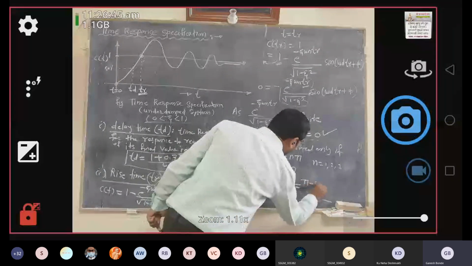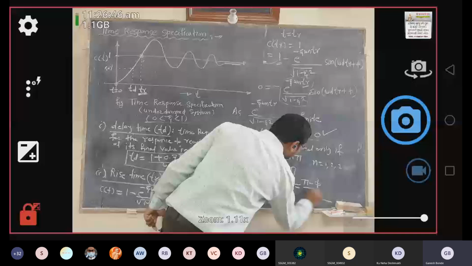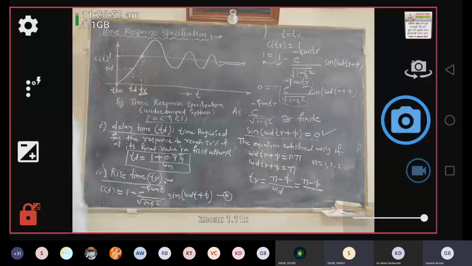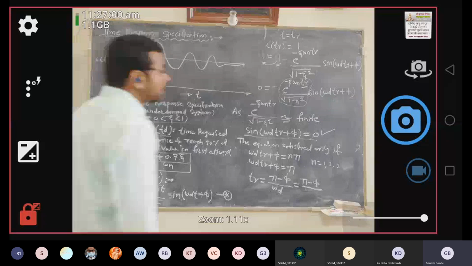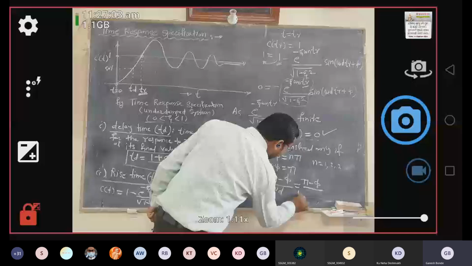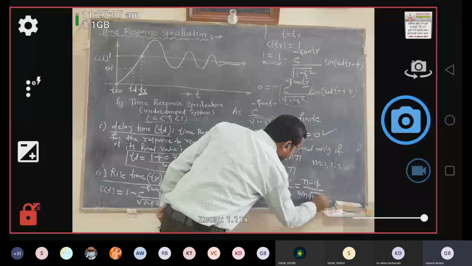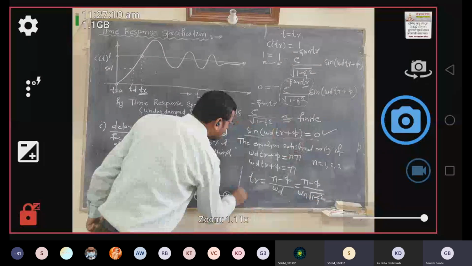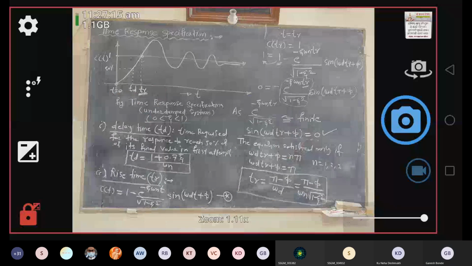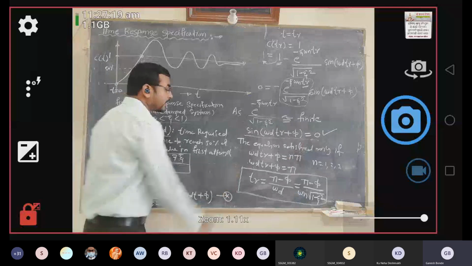Now just substitute the value of omega d. So it could be pi minus phi upon, what is the value of omega d? Omega d is the damped natural frequency, and damped natural frequency is always determined from the undamped natural frequency. Therefore omega d is given by omega n into square root of 1 minus zeta square. So this is your required expression for rise time TR. This is a simple derivation of rise time TR.